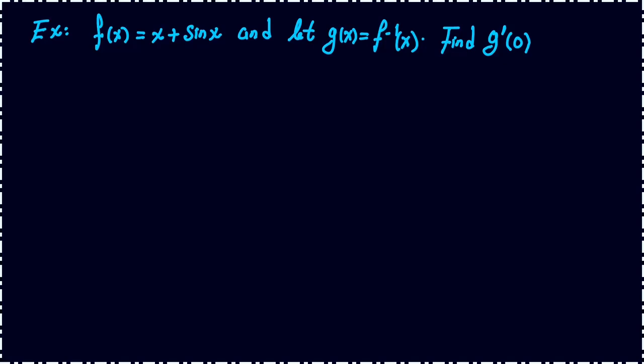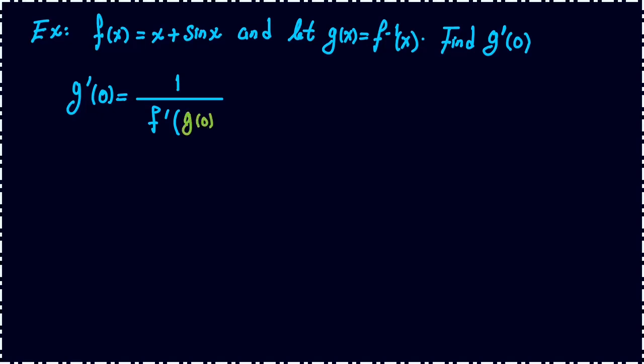So again, by the formula, g prime of 0 is equal to 1 over f prime of g of 0.